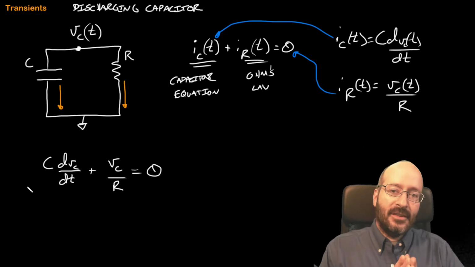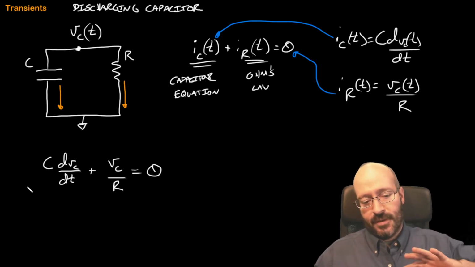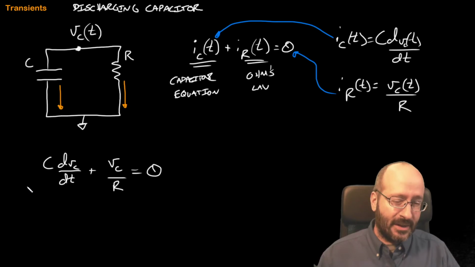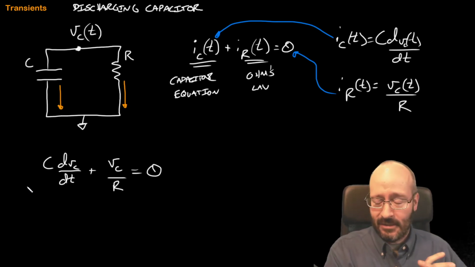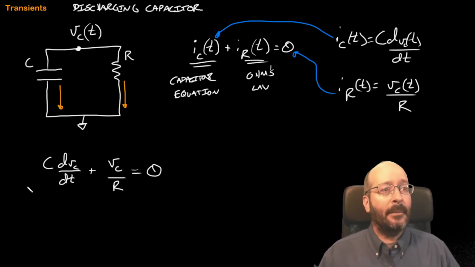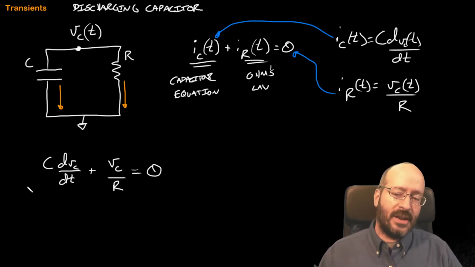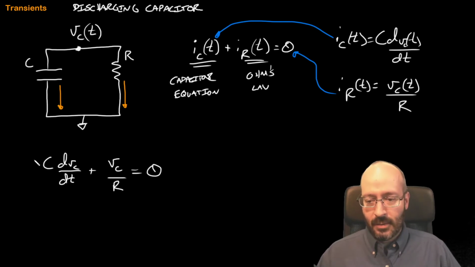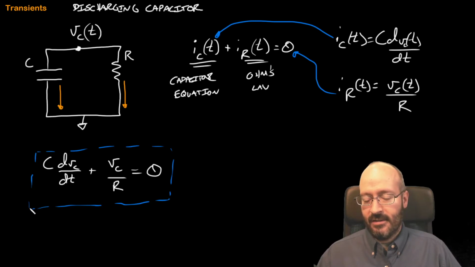This is where the academic diversity in our classroom could cause a split in how we approach this. All of you have taken at least Calculus 2. Some of you have taken DiffEq. Some of you have taken modeling in the mechanical engineering program. And what you're looking at here is a first-order differential equation. Some of you know what that is, and some of you haven't taken that class yet.